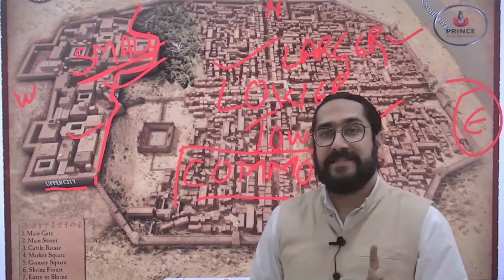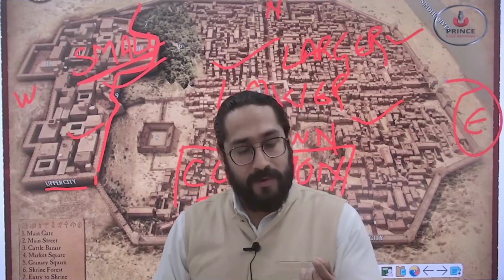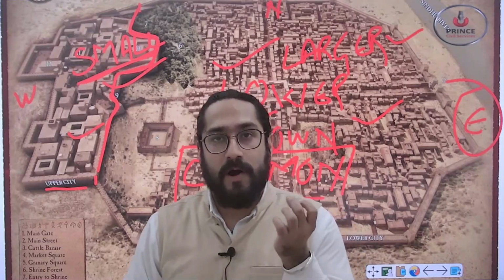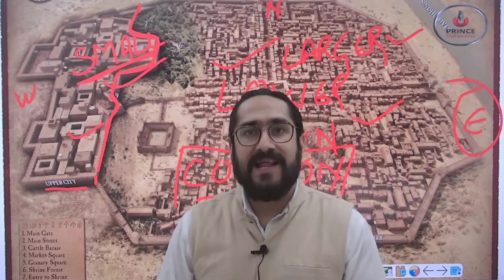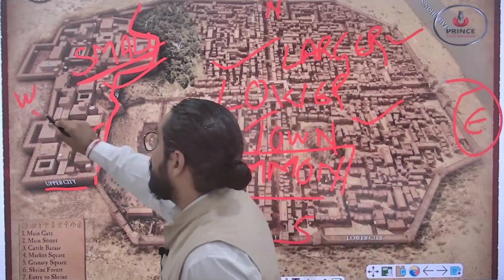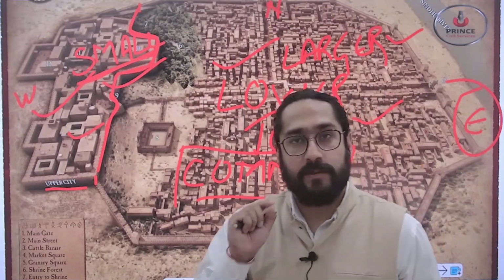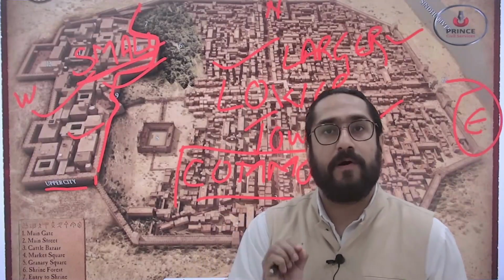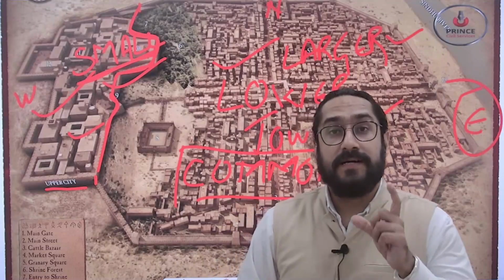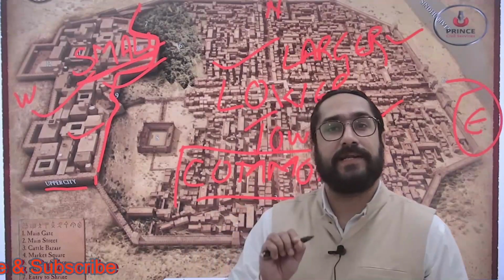The 5th difference is that all the important structures, like you have got Great Bath, you have got granaries, all the large structures, all the public places, they were located in the Citadel. So whenever there is a question regarding the town planning of Indus Valley civilization, the Citadel and the Lower Town must be there in your answer.